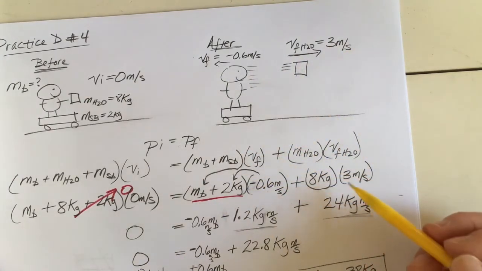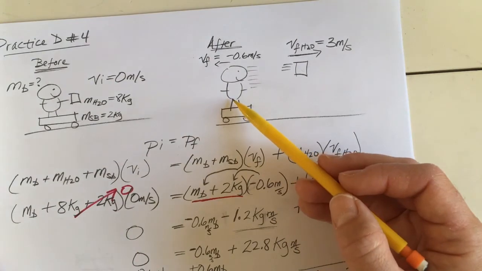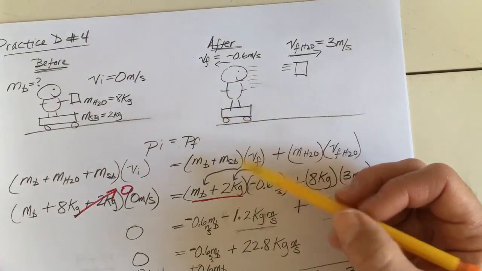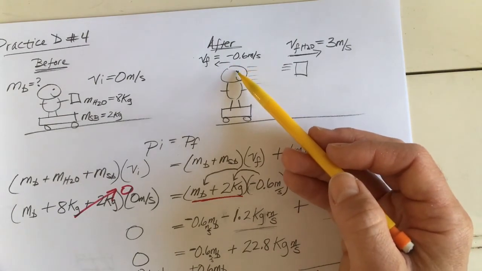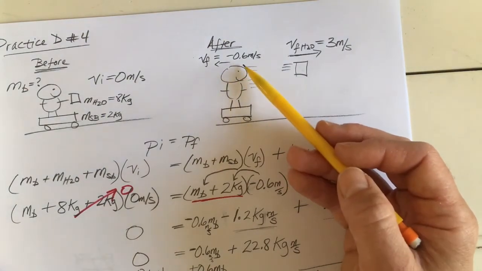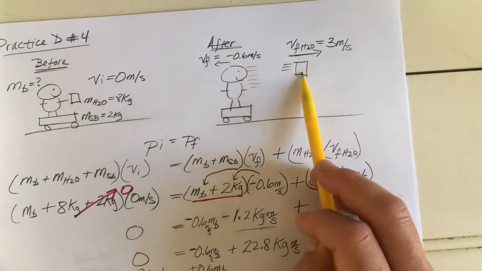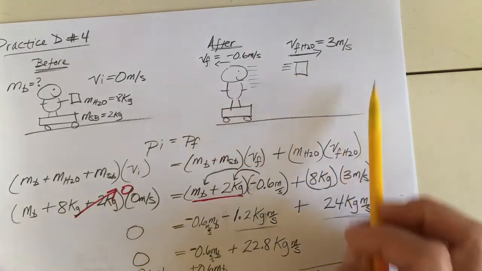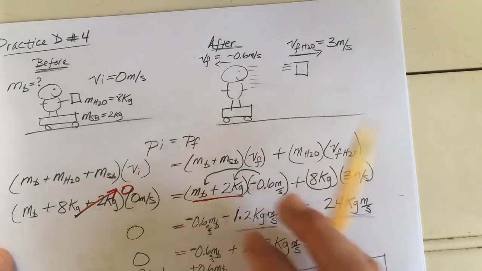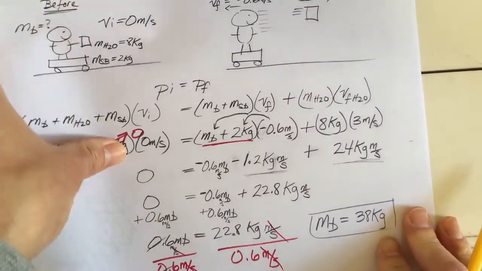So if we take 38, which is the mass of the boy, plus 2 for the skateboard, 40 times negative 0.6, that's equal to negative 24, and 3 times 8 for the mass here would be positive 24. So the momentum is still 0 after, so momentum is conserved, and the mass of the boy is 38 kilograms.